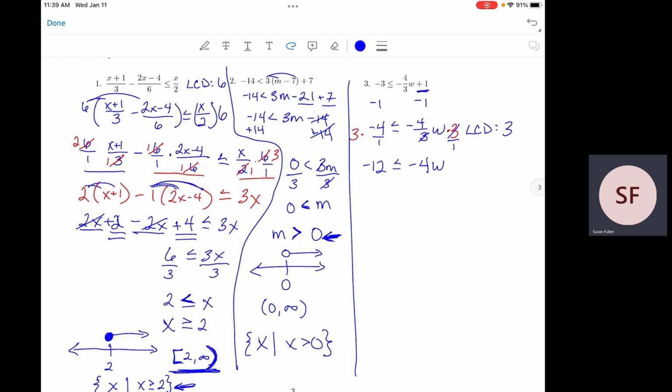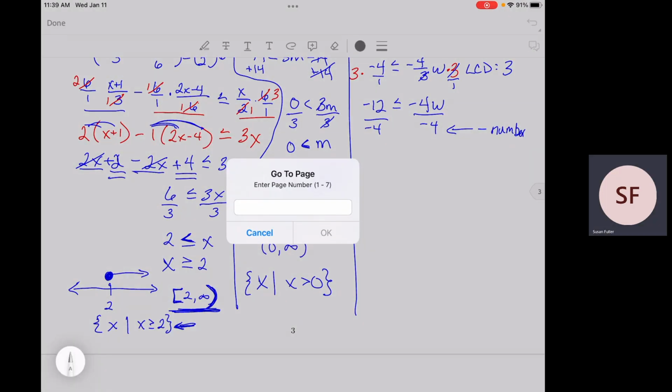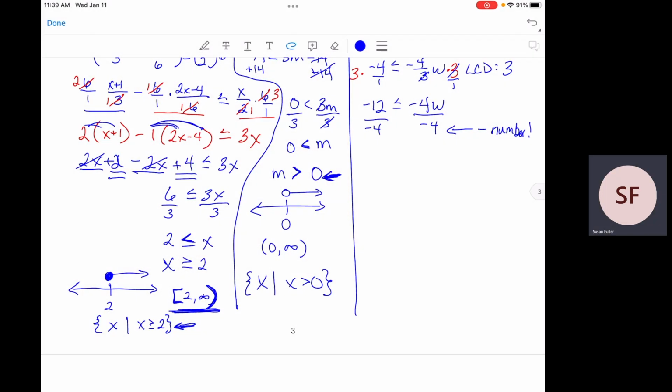Now to get w by itself, I'm going to divide both sides by -4. Because I'm dividing both sides by a negative number, I'm going to make a note to myself that says, hey, you've got to flip your inequality symbol. So I'm just going to switch the order that goes in.